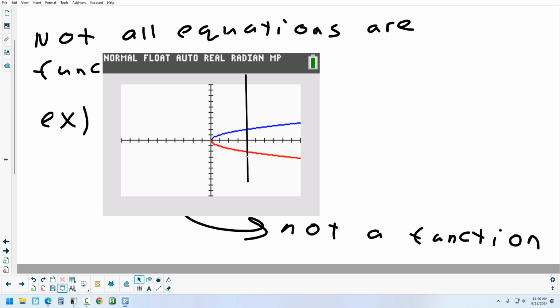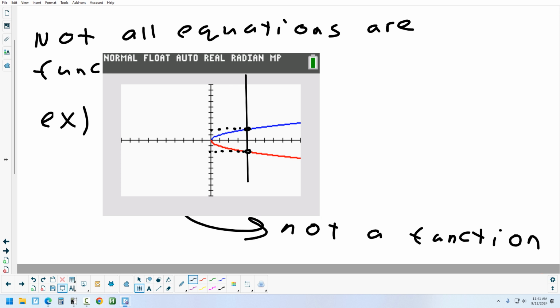If you plug in 4 for x, one answer is the square root of 4, which is 2. And the other answer for the square root of 4 is negative 2. It's two different answers. Does anybody know the name of this test that I drew on the board?